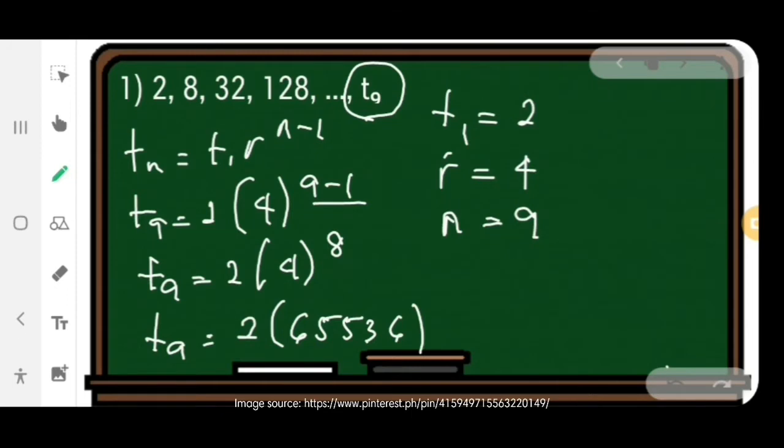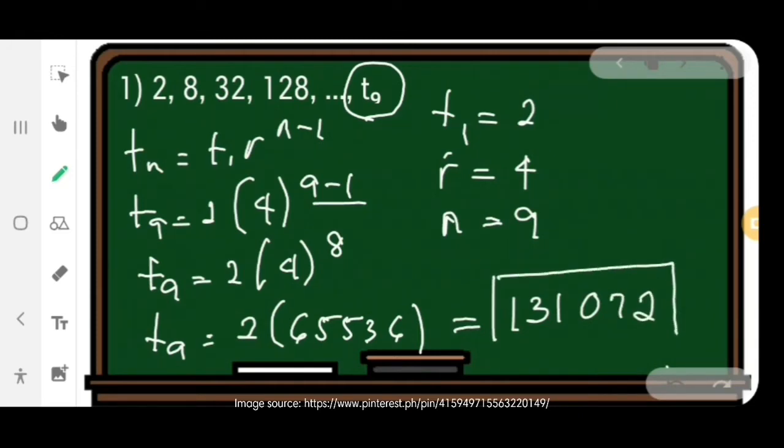Then we are going to multiply 2 and 65,536. We now have 131,072. So the 9th term of this geometric sequence is 131,072.